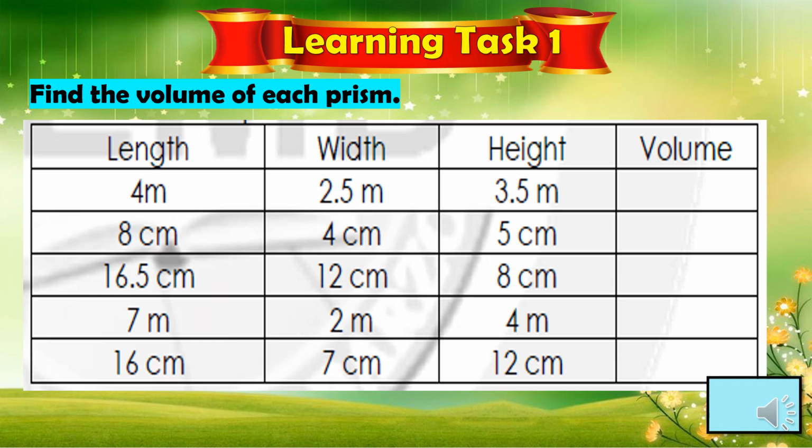Number 3, 16.5 centimeters, 12 centimeters, 8 centimeters. Then for number 4, we have 7 meters, 2 meters, and 4 meters. And for number 5, 16 centimeters, 7 centimeters, and then 12 centimeters.